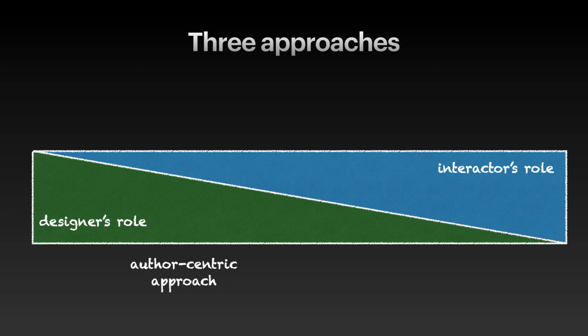Referring to the two measures, the author-centric approach allows for a higher plot coherence at the cost of a lower character believability. The second approach is located closer to the right-hand side, and it's called the character-centric approach.